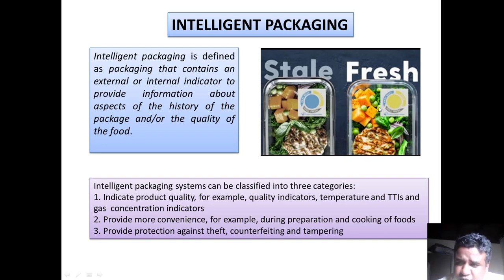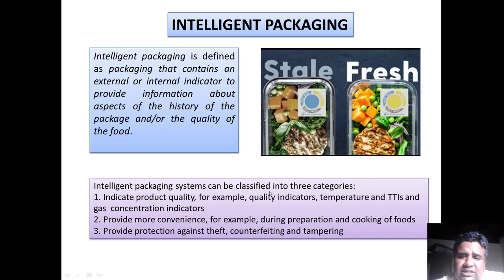Due to the volatile compounds emitted by these food products, this indicator will turn its color from yellow to bluish, and this will be called stale, that is not fresh, meaning stored for the last 4-5 days. So this is the concept of intelligent packaging.